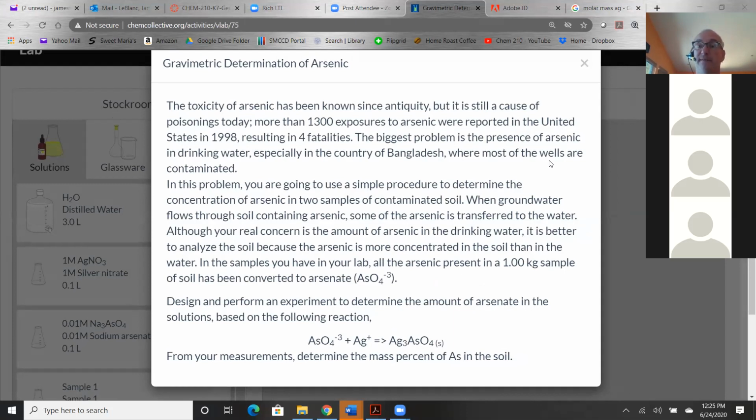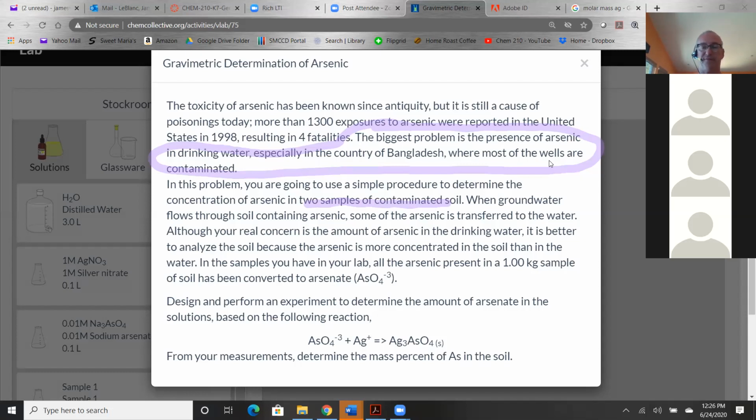It's been known to be toxic, but it's still a problem today, the biggest problem being the presence of arsenic in drinking water in wells. So you want to be able to see where the arsenic's coming from. In this particular example, we're going to look for the concentration of arsenic in 2 samples of contaminated soil.